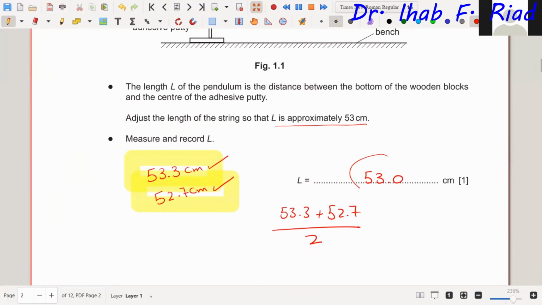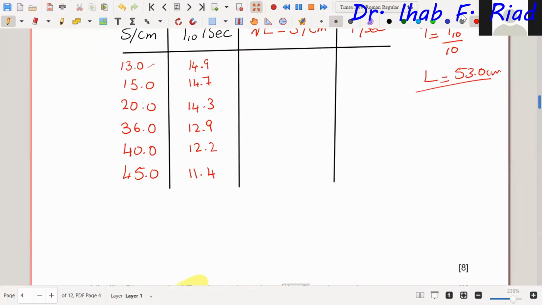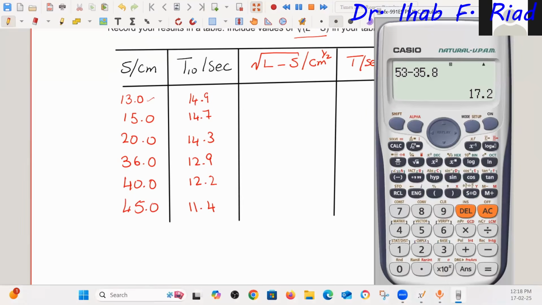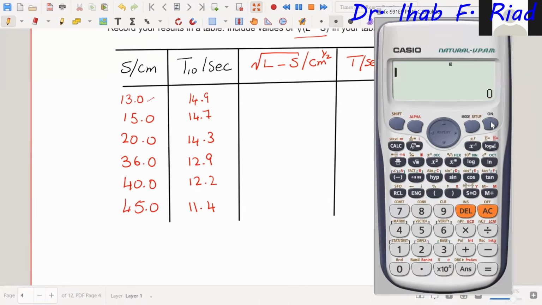This is L. So L is 53, and it is always going to be 53. So for the first one, let us say the square root of 53 minus 13. It is 6.32.